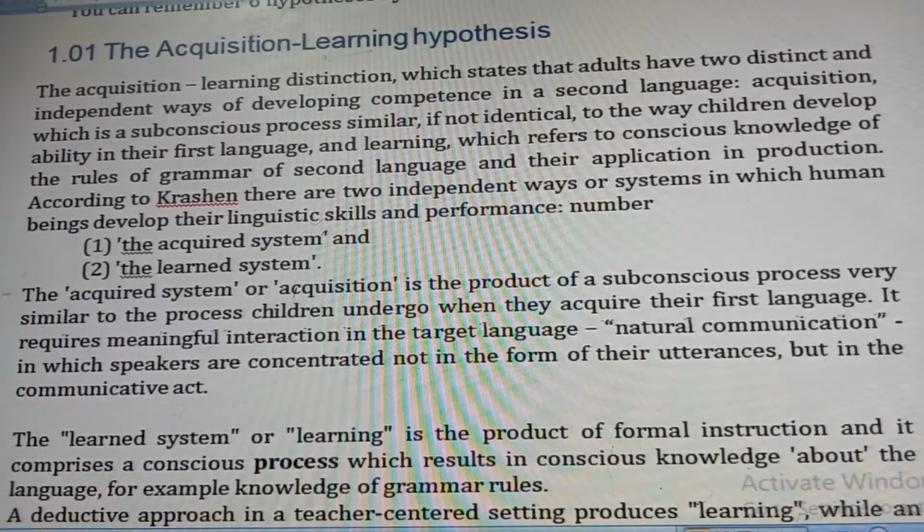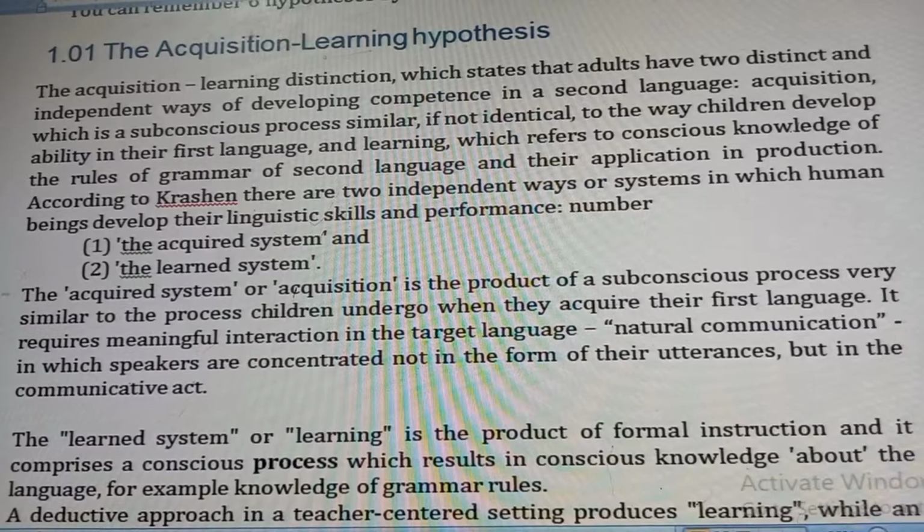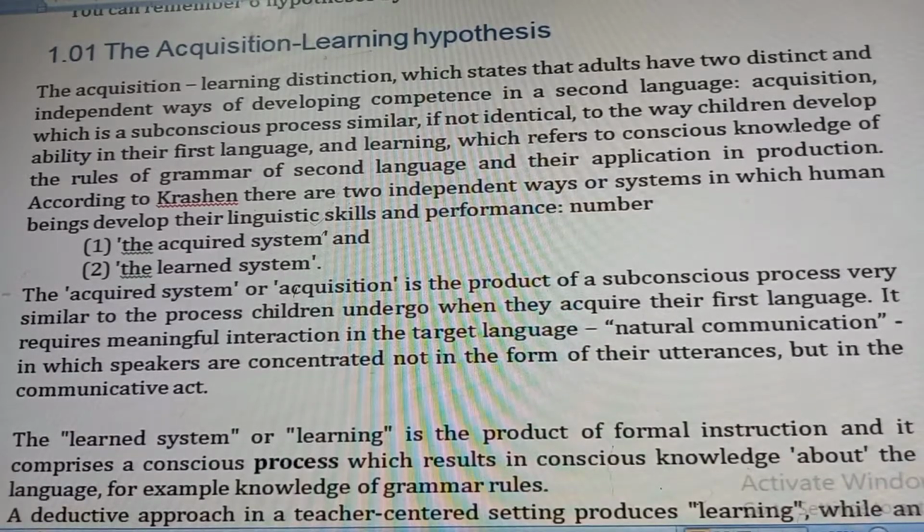Acquisition, which is a subconscious process similar, if not identical, to the way children develop ability in their first language, and learning, which refers to conscious knowledge of the rules of grammar of the second language and their application in production.